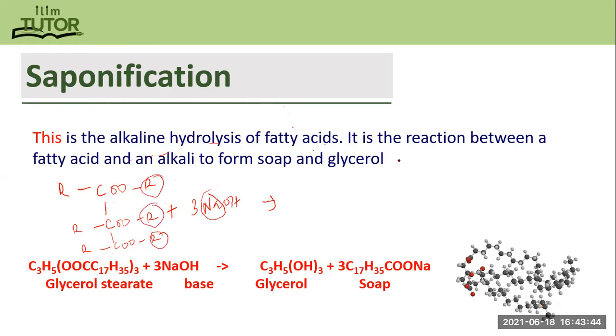Glycerol is simply propane-1,2,3-triol that I've given to you earlier on. So when you have that, then you say saponification to form soap. So the reaction that leads to the formation of soap is called saponification.